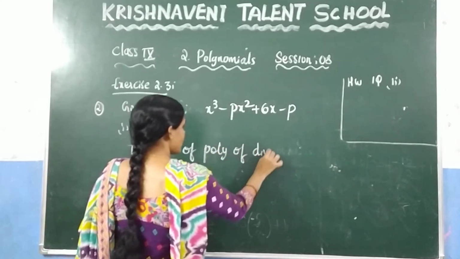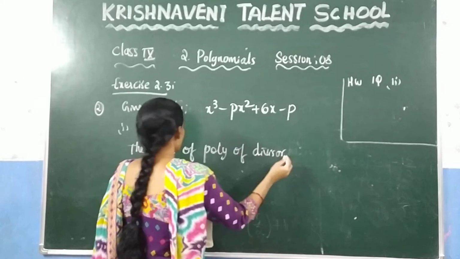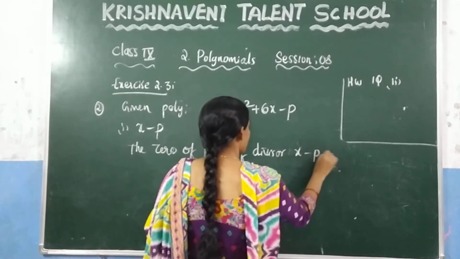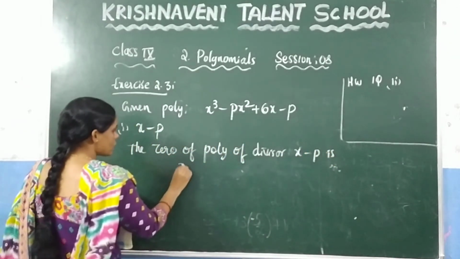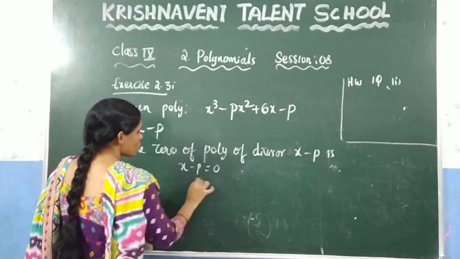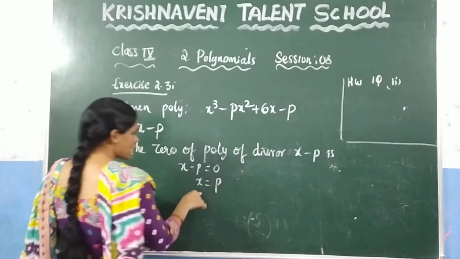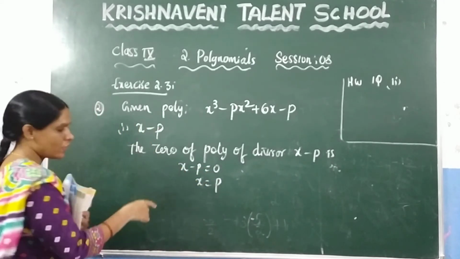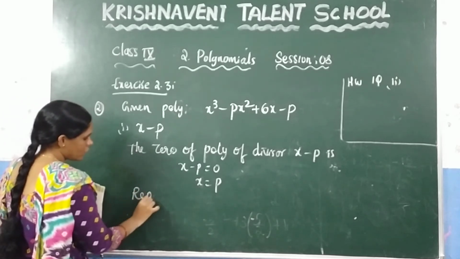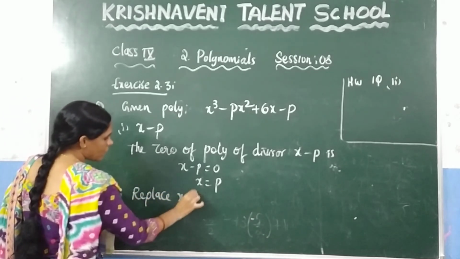What is the divisor in this case? Which is x minus p. If you want to find the zero of the divisor, just equate that to 0. So what is the value of x? x is p. Just replace that value of x in the dividend. So replace x by p.